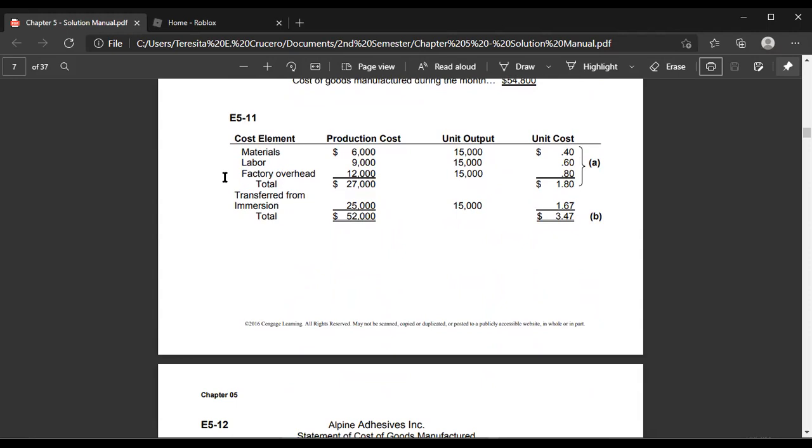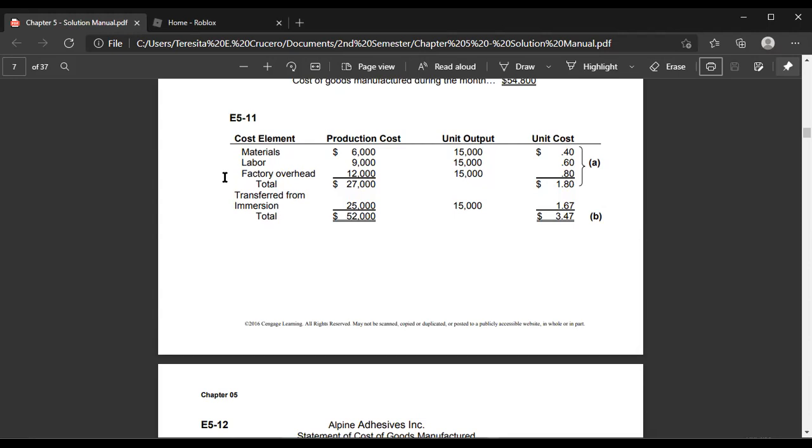Finishing incurred cost of $6,000 for materials, $9,000 for labor, and $12,000 for factory overhead, and finished 15,000 units during the month. Determine the unit cost in the finishing department and the unit cost transferred to the finished goods.